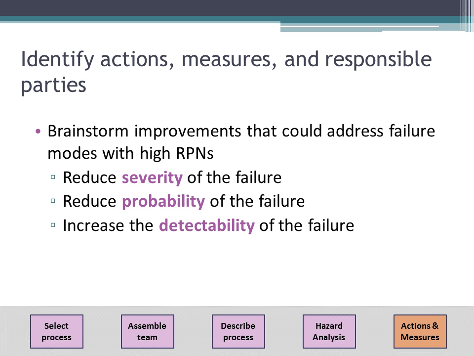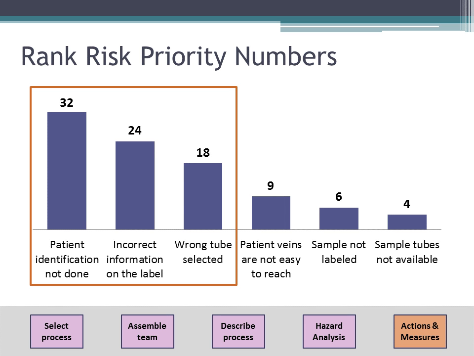The ultimate goal is to implement actions that will reduce the risk priority number of each failure mode. That is, reduce the severity of the failure, reduce the probability that the failure will occur, and increase the detectability of that failure. We prioritize where we will focus our resources and efforts by focusing on the riskiest areas first.